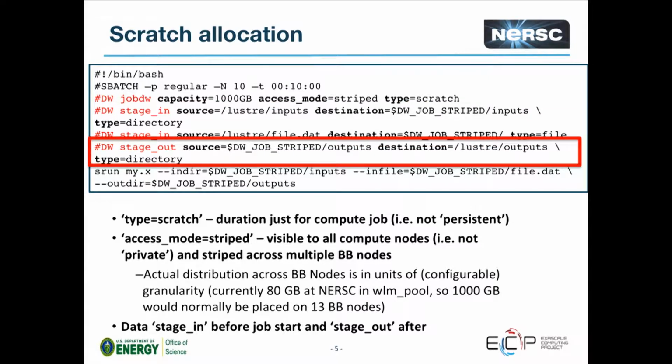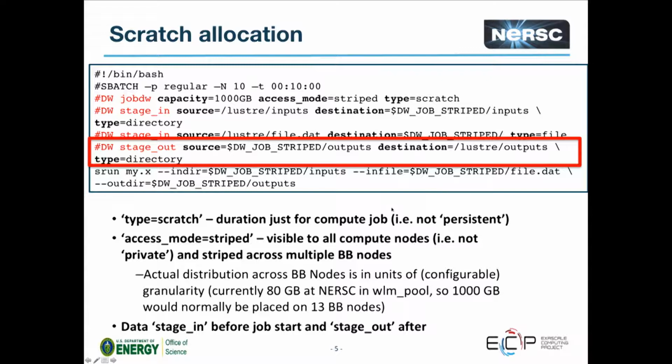And stage out: after running your application, you produce some output, then you specify the stage out, and burst buffer will automatically copy your data from the burst buffer node to the location you specified, which should be your scratch on Lustre.